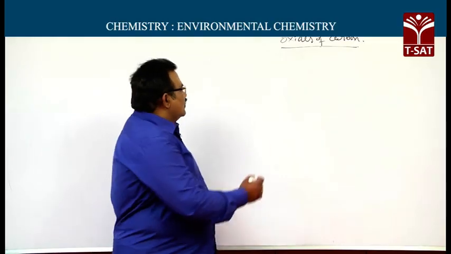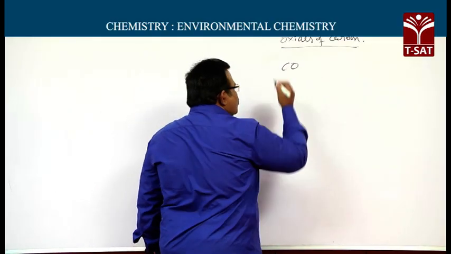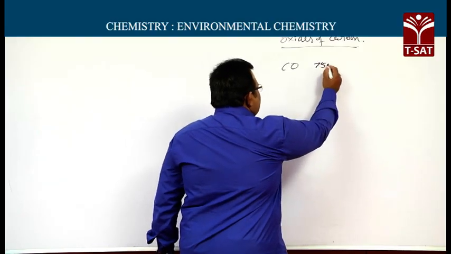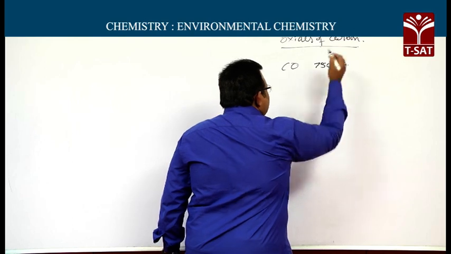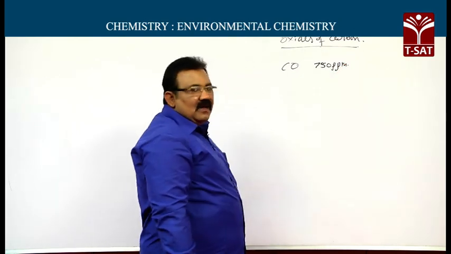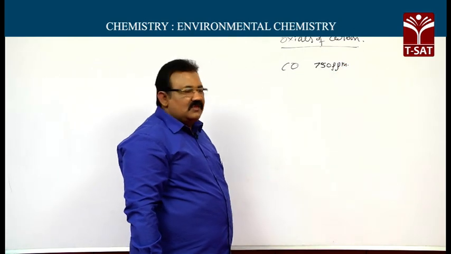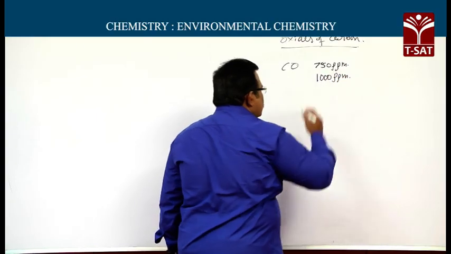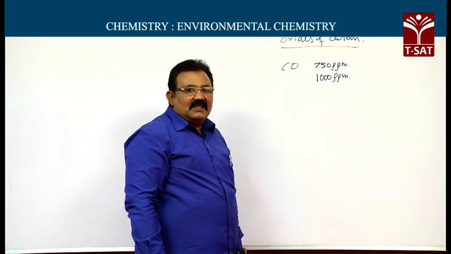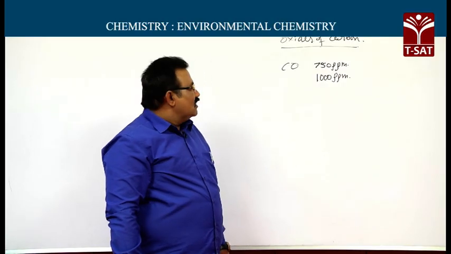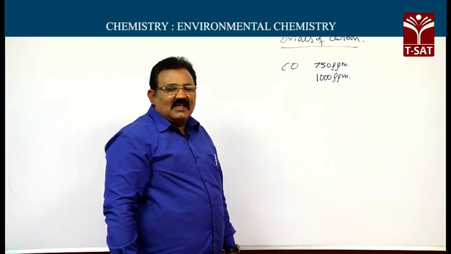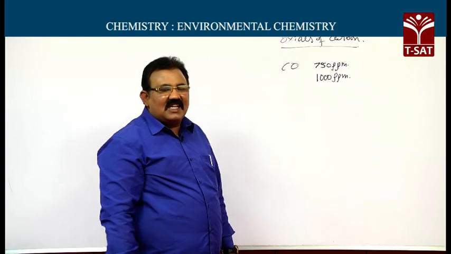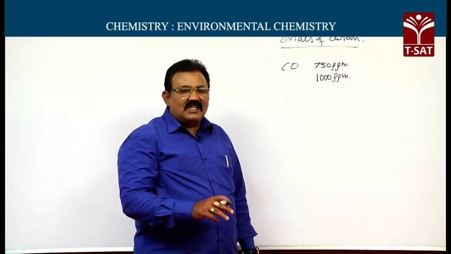If the level of carbon monoxide in the atmosphere increases beyond 750 ppm, human beings will die in a few hours. If it exceeds 1000 ppm, immediate death takes place. Identification is difficult because it is a colorless, poisonous, toxic gas.